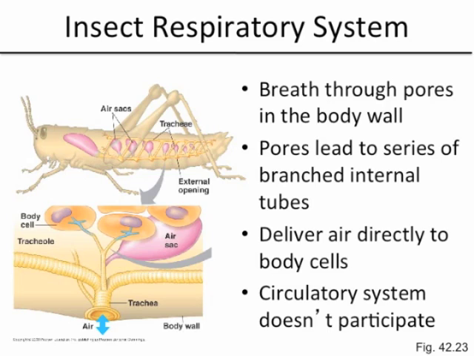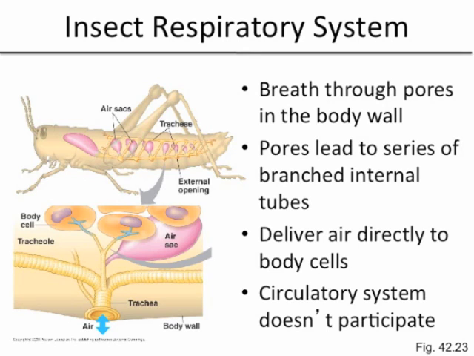So what they do, they don't have lungs like we do. They have pores all throughout their body wall, holes that go through the exoskeleton. The pores lead to a series of branched internal tubes that go to all of their body cells. So the air gets delivered directly to their body cells, not through a circulatory system.